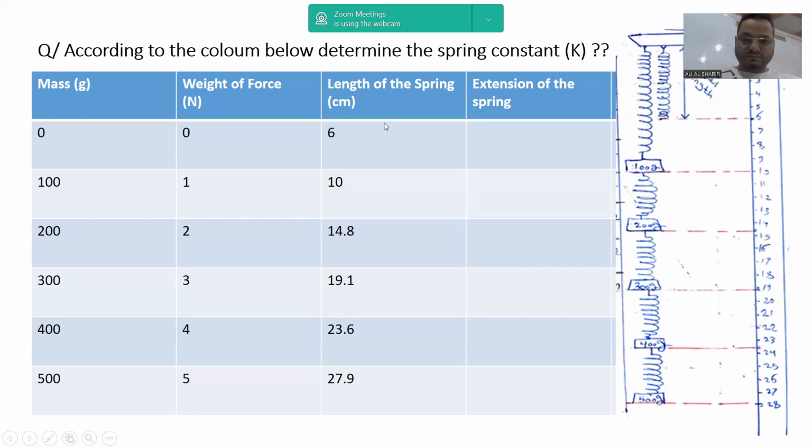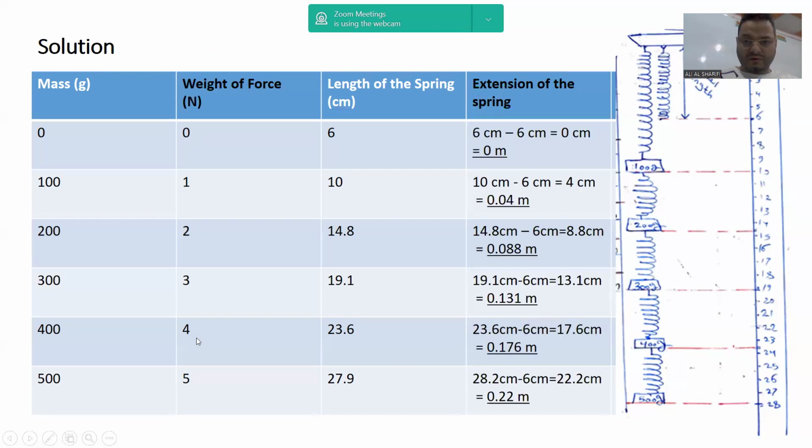By that, you will calculate the extension of the spring to plot the y-axis. The x-axis is ready and you learned how you can determine it. Actually, in the exam, I will not write 0, 1, 2, 3, 4.